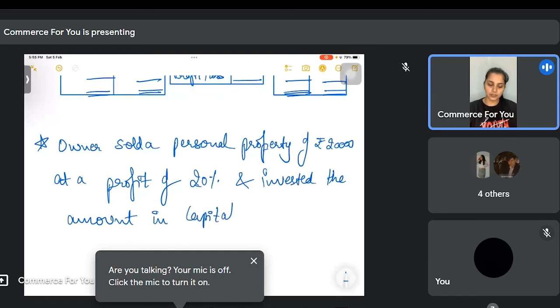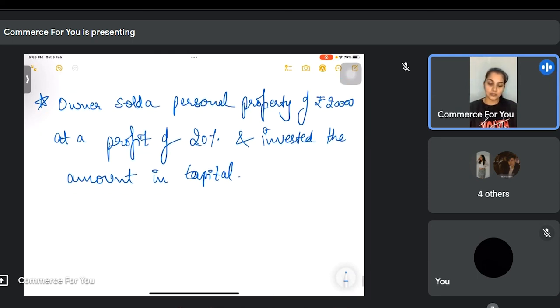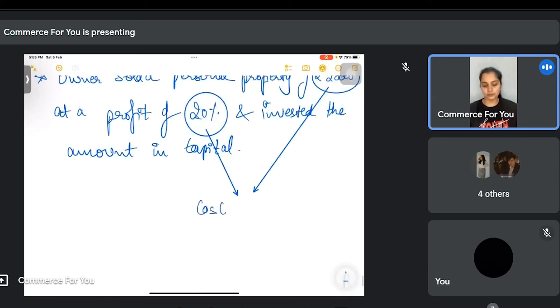So if they have invested the amount in the capital, that means it's your additional capital. So this additional capital needs to be calculated. Do not take 20,000 by mistake, because your sales value is invested in the business, and your sales value is cost plus profit. So it will be 20,000 plus 20% of 20,000, which is 4,000. So your additional investment will be 24,000.